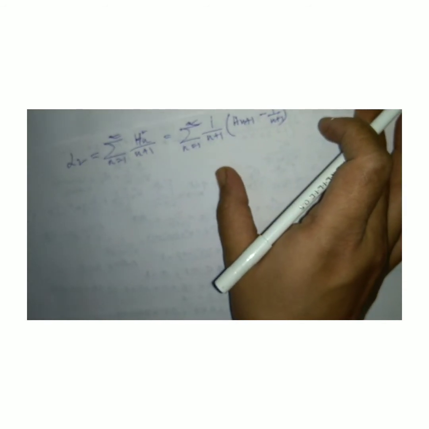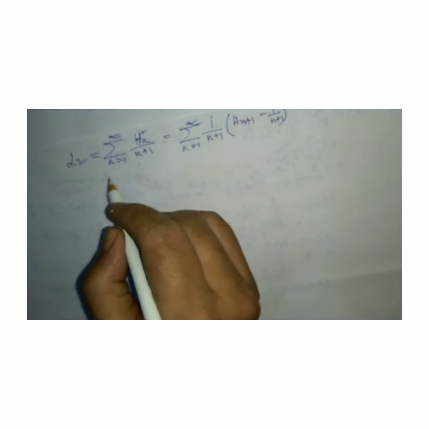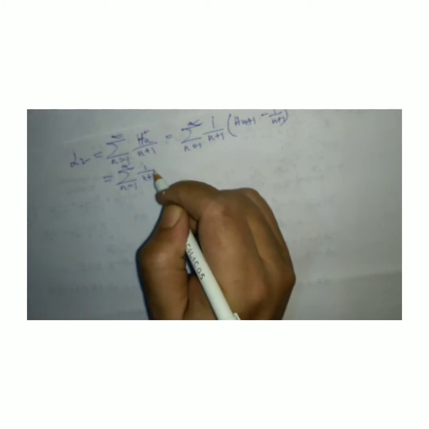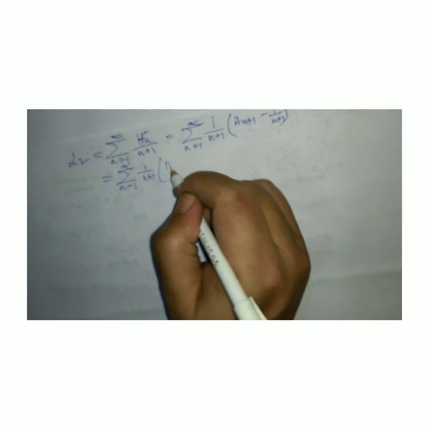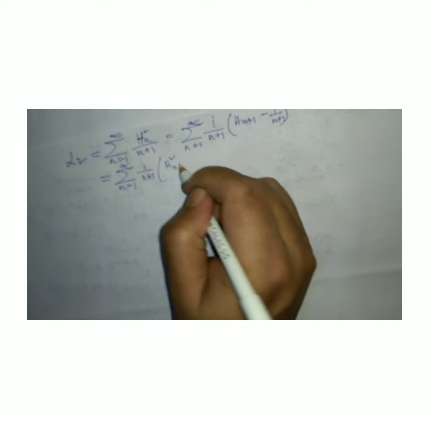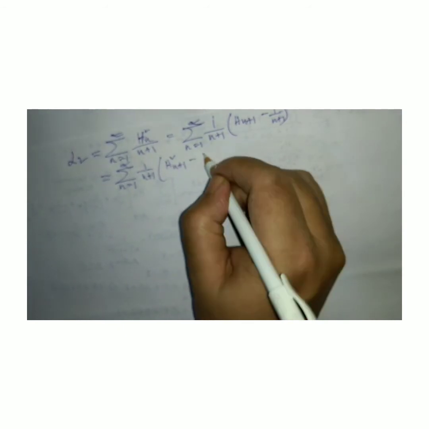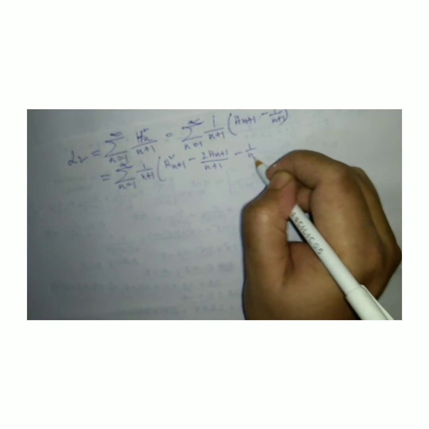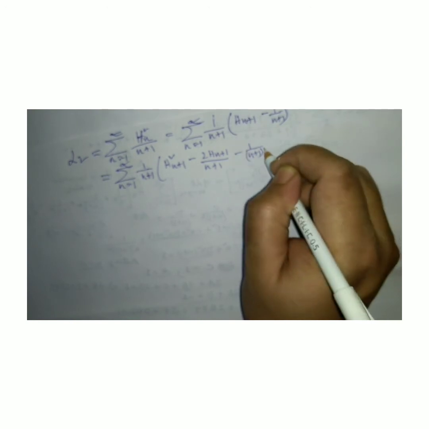So I can write it this way, and after that I write summation n equals 1 to infinity 1 by n plus 1, and using the a minus b whole squared formula, this is H squared n plus 1 minus 2 H n plus 1 divided by n plus 1, plus 1 by n plus 1 whole squared. Okay, this formula you have to remember.